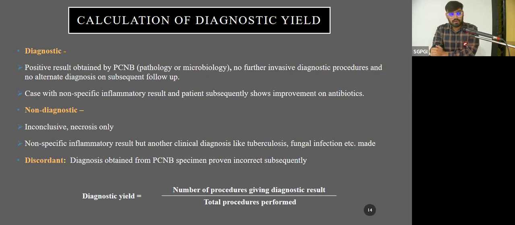We will consider our biopsy procedure discordant if the diagnosis obtained from the biopsy specimen is subsequently proven incorrect. Basically, the diagnostic yield is the number of procedures giving a diagnostic yield positive upon the total procedures performed.